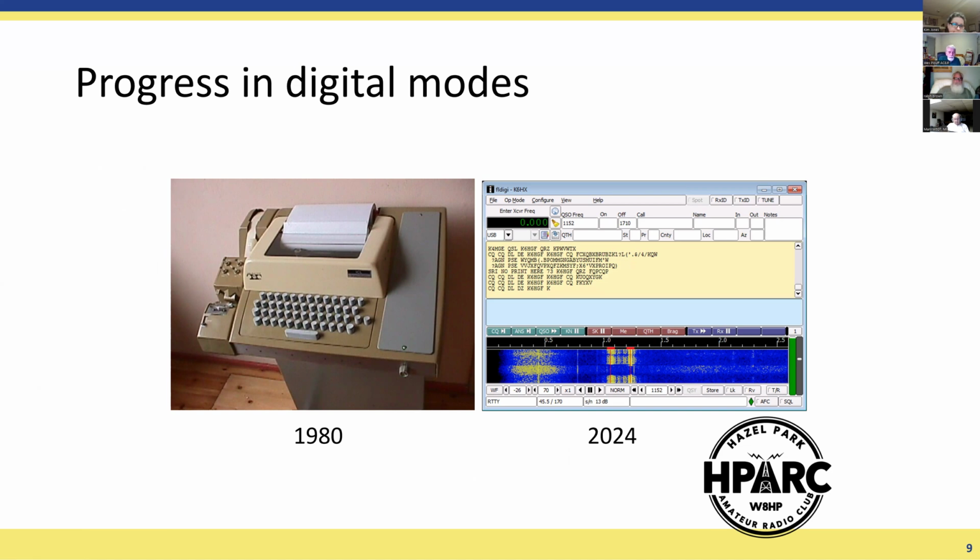That picture on the left is more modern than some of the teletypes, which were cast-offs that people used in the 1960s through the 80s or so, where there would be something that translated two voltages into two audio tones for the radio to transmit, or vice versa, translated two received audio tones into an on or off signal. On the right is FLDigi software.